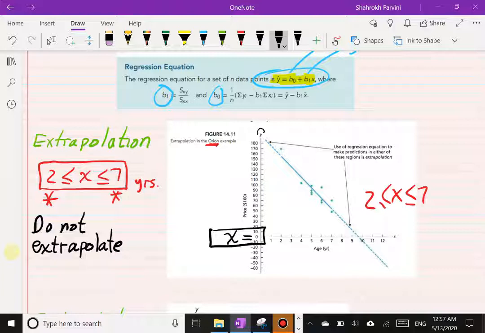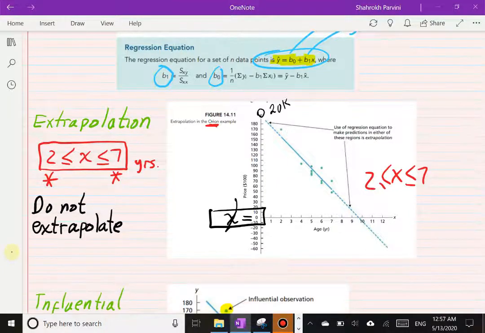The y-intercept here is going to be about maybe 20,000, 21,000, something like that, 20K. Well, a brand new Orion may not be $20,000. You go to a dealer, it's maybe about 19,000 brand new. So it doesn't make sense in this case to extrapolate to below 2 years of age.